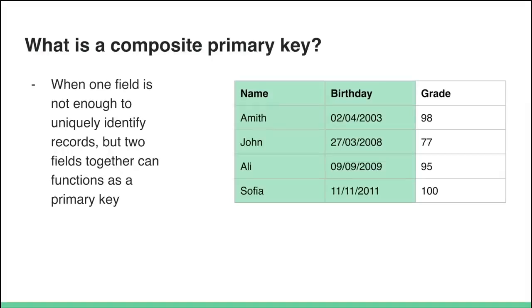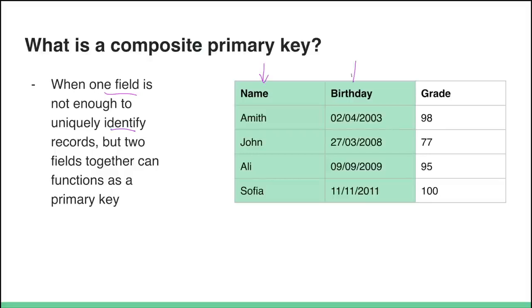Now, getting to composite primary keys. If we have a table and one field is not enough to uniquely identify records, but two fields can do it together, they together can function as a primary key. A name is not enough because multiple people can have the same name, and they often do in a class.